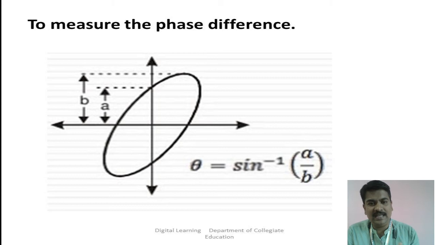So this is the ellipse you will get on the monitor screen of the CRO, and we brought it back to the center of the screen, with respect to the X and Y axis. Look here, this ellipse is cutting the positive Y axis at this point.